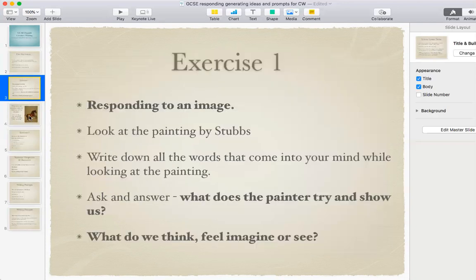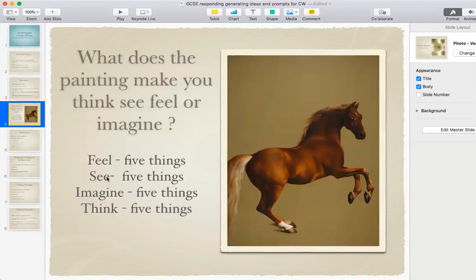I want you to try and find 5 things that you feel when you look at the painting, 5 things that you see, and 5 things that you imagine. And imagine could be anything. And then 5 things that you think.